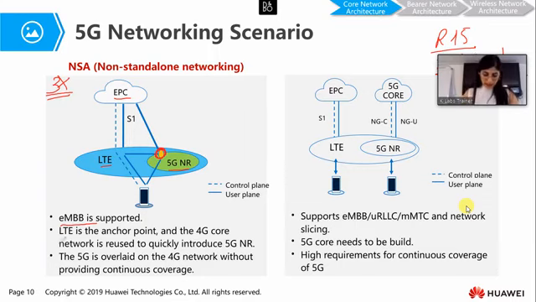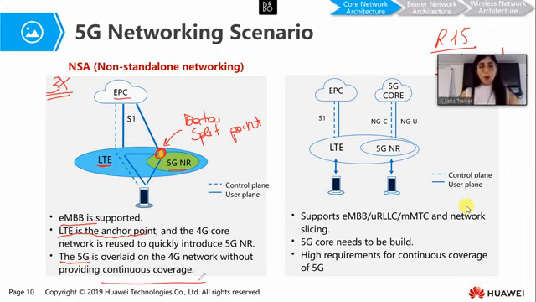Here it is also said that in option 3x, the LTE is the anchor point. That means it is the LTE which is responsible for the control plane. So this is called the data split point, while the anchoring point, which is the master node, is on the LTE side. It is the E node B. And also, the 5G in the non-standalone scenario is not able to provide continuous coverage.